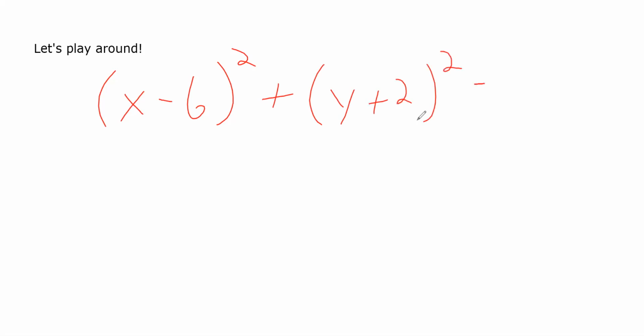Imagine, not dragons, but imagine you had a circle with this equation.